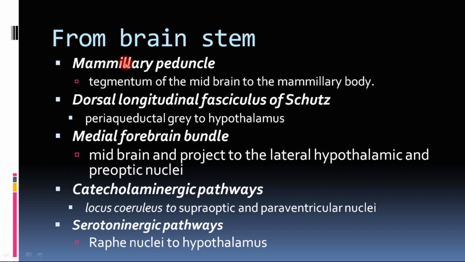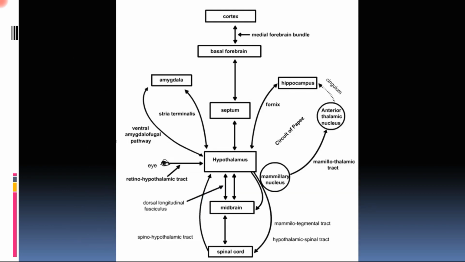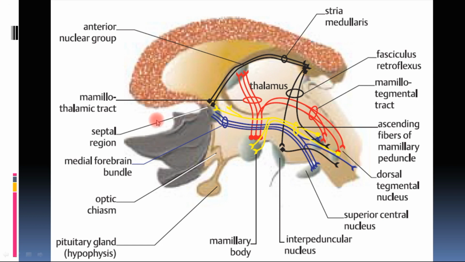First is the mammillary peduncle, which gets the input from the tegmentum of the midbrain to the mammillary body of the hypothalamus. As we can see here, this yellow colored structure is the ascending fiber, the afferent fibers of the mammillary peduncle, to the hypothalamus.